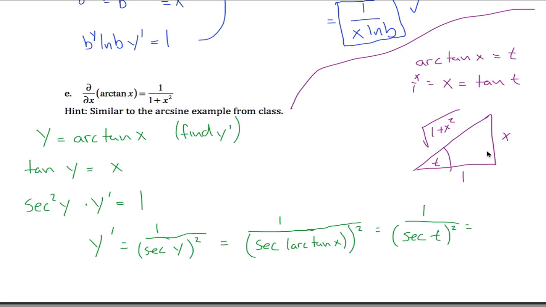So SOHCAHTOA, cosine is adjacent over hypotenuse. So secant would be hypotenuse over adjacent. In other words, secant of t is the square root of 1 plus x squared. So what we get, instead of writing secant of t in here, I can write the square root of 1 plus x squared.